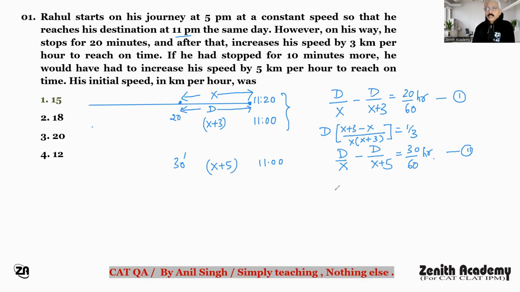And here d is x into x plus 5, x plus 5 minus x, 1 by 2. So if I divide this by this, d and x will cancel.